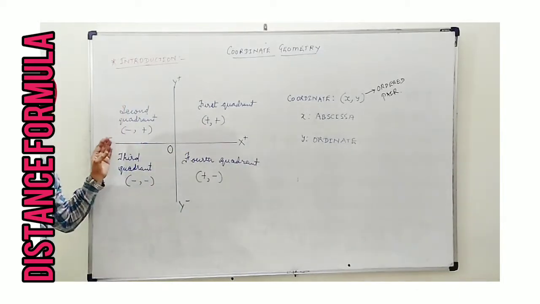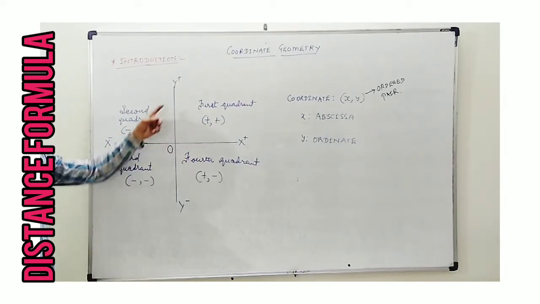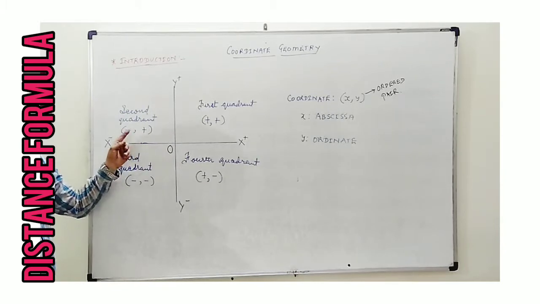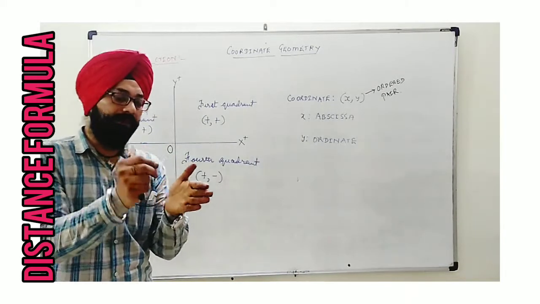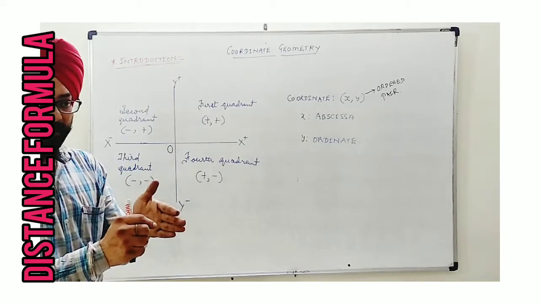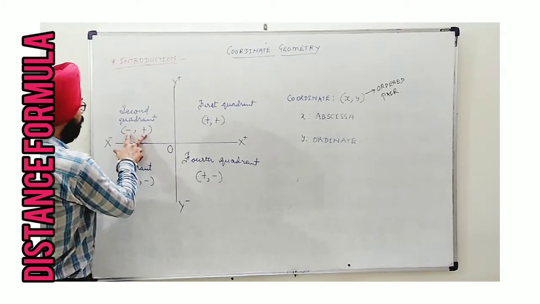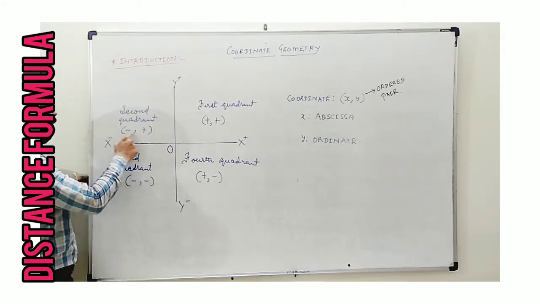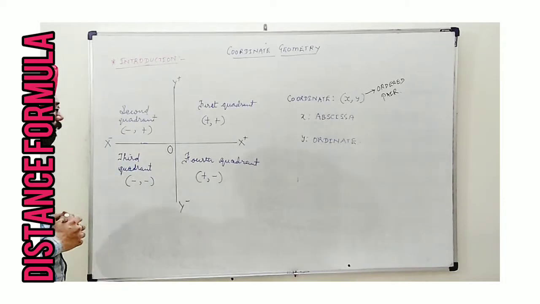As soon as we come to second quadrant, it is made up of negative x-axis, positive y-axis. That's why minus plus. So here we can see that first position is given to the value on x-axis and second position is given to the value on y-axis. So that's why we are taking sign also in the same order, same sequence. So minus plus is the sign convention for second quadrant.